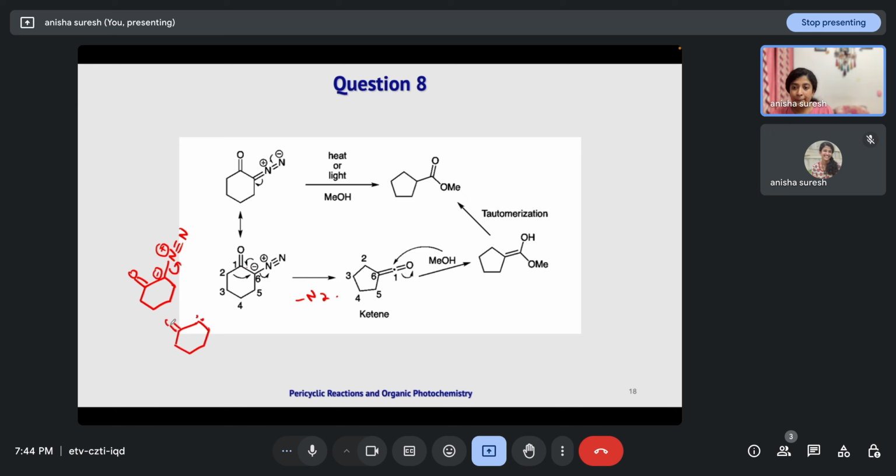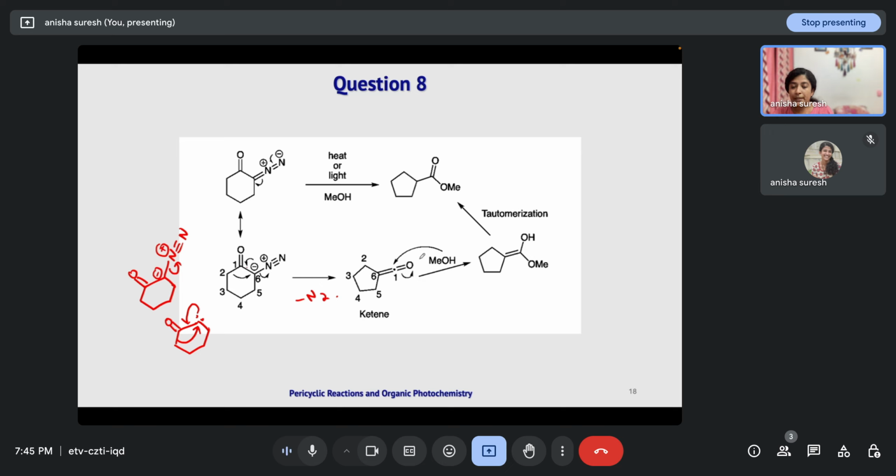formation of a carbene sort of species which will undergo a rearrangement like this, resulting in the formation of the ketene intermediate. Okay, so this 6-membered ring is now contracting into a 5-membered ring. See, here the ketene is getting formed.